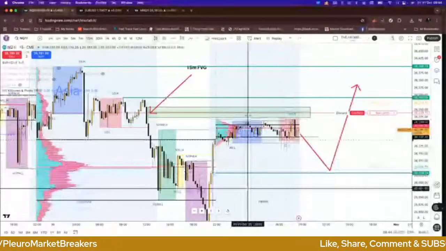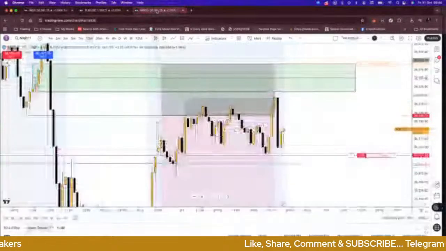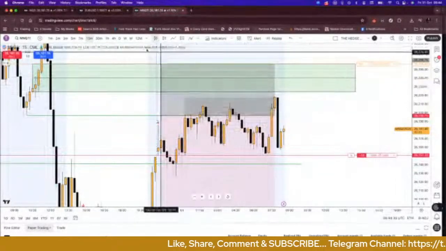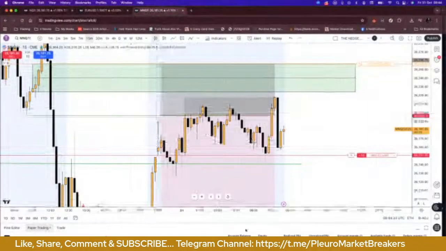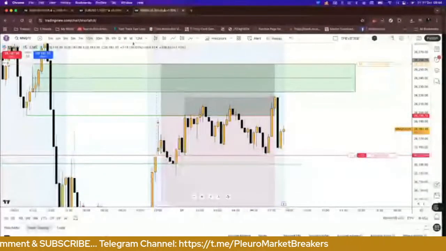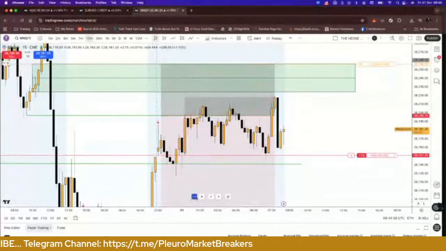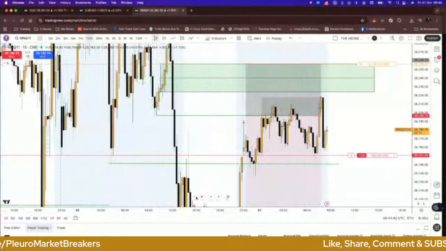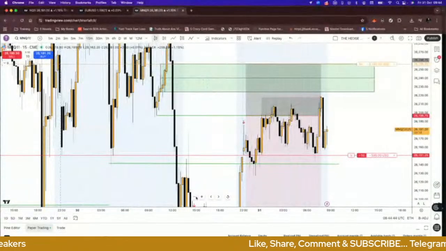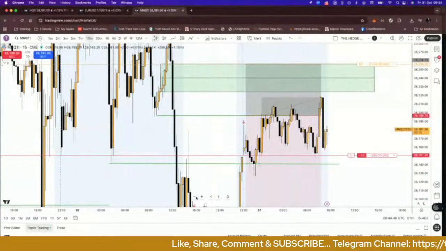So let's go back here. The trade I am in overnight. So I'm looking for the MT4 controls, or the controls where they would be on the MT4 platform.